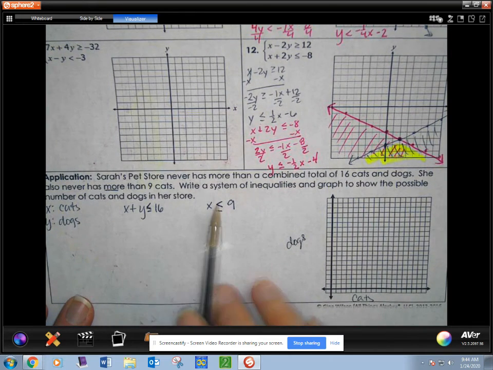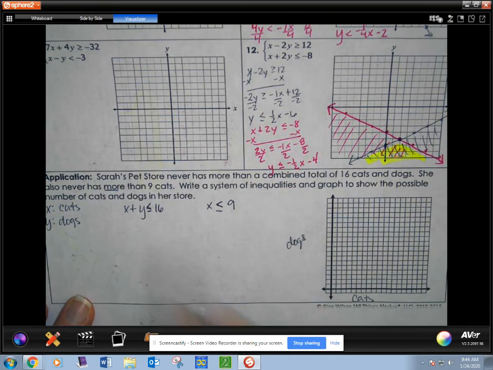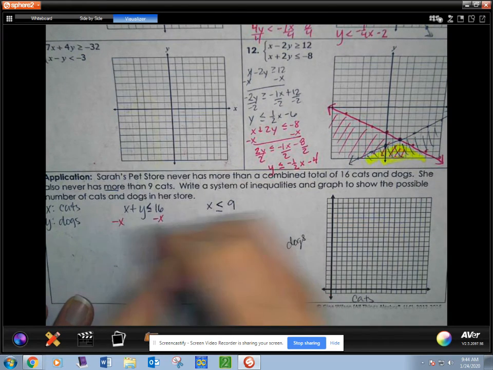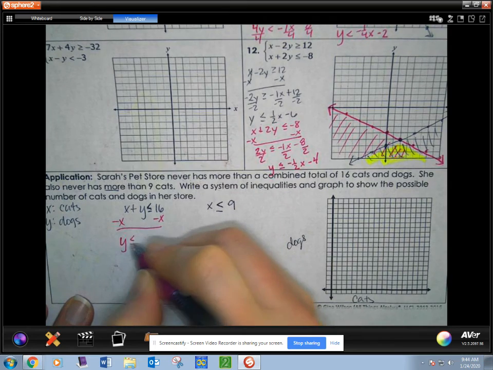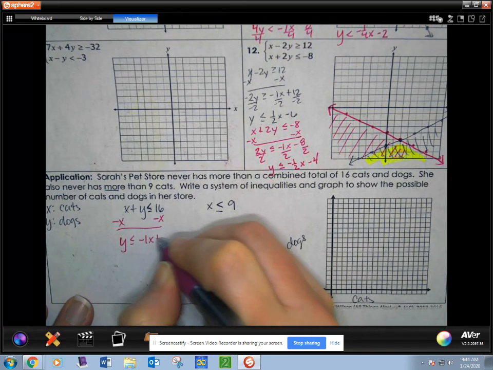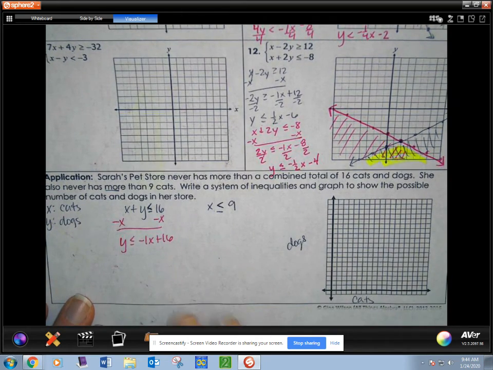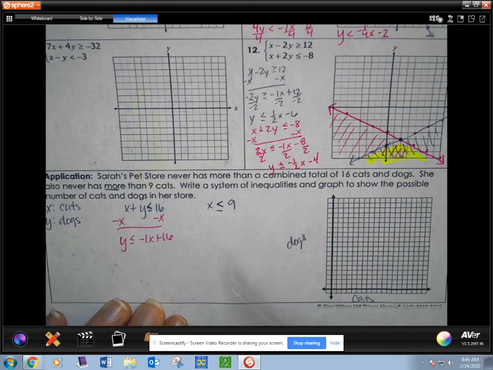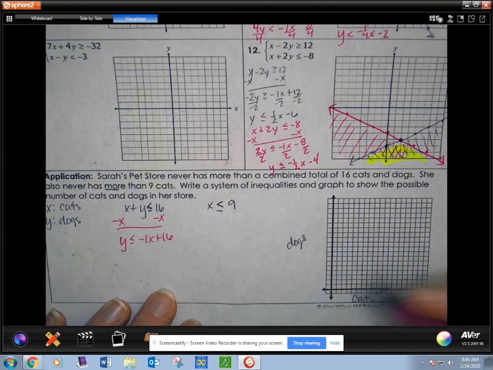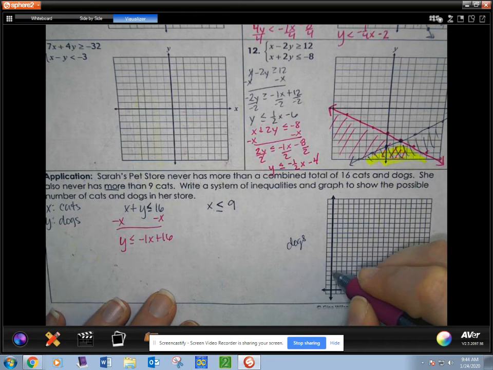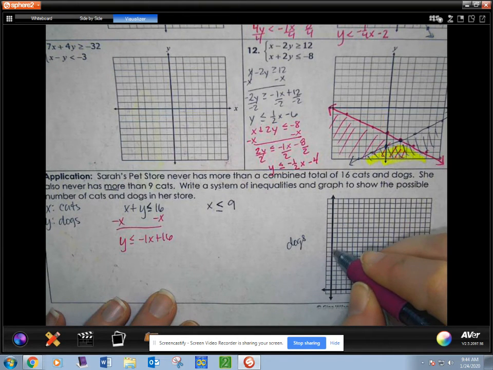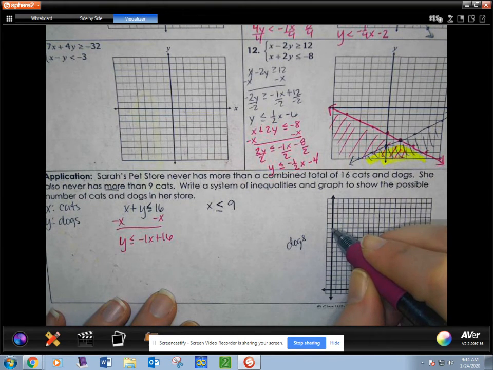Now these are our two equations that we can graph. This one's not in y equals, so I need to convert it. I'm going to move the x by changing its sign, and that gives me y is less than or equal to negative 1x plus 16. Okay, the other equation's ready to graph, but I'm going to start with this one. We're going to start at 16. 1, 2, 3, 4, 5, 6, 7, 8, 9, 10, 11, 12, 13, 14, 15.